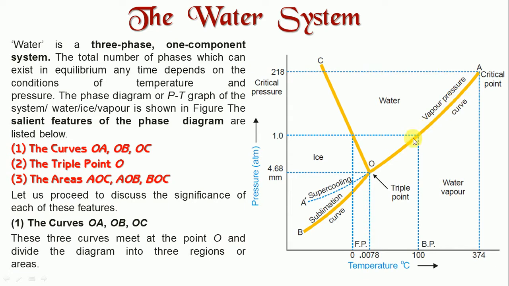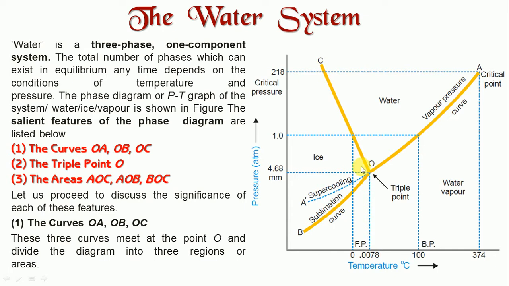Along this curve, both liquid water and water vapor coexist in dynamic equilibrium. So curve OA represents two phases, but the component is the same, which is H2O. So OA is also a one component two phase system.